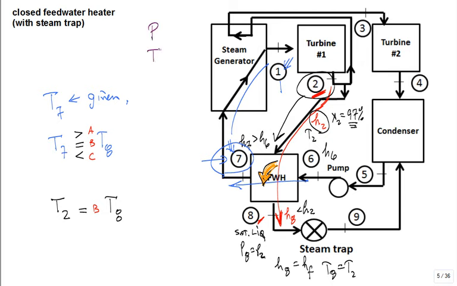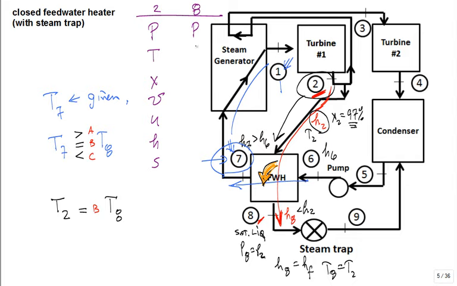Okay, let's go make our long list of properties. Pressure, temperature, let's put X for quality, V, U, H, S. We should be able to talk about how each of these properties changes between state 2 and state 8.